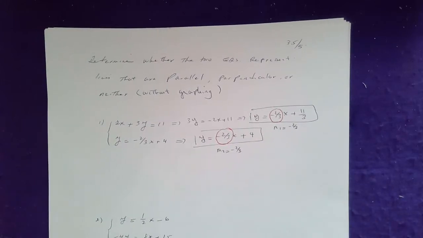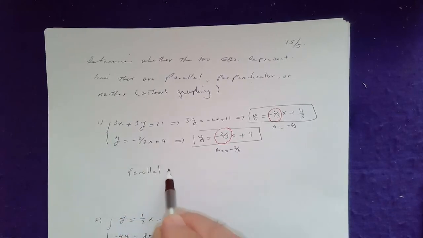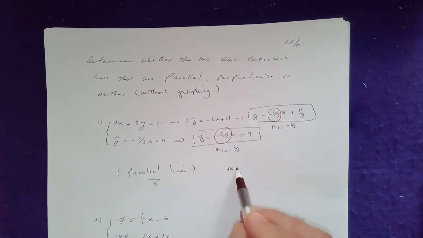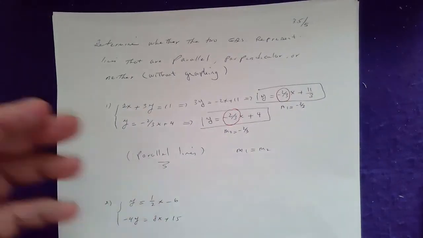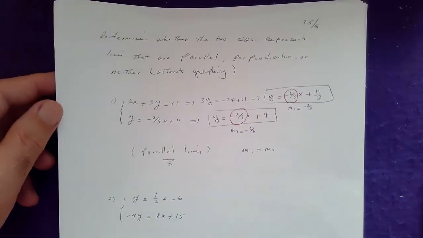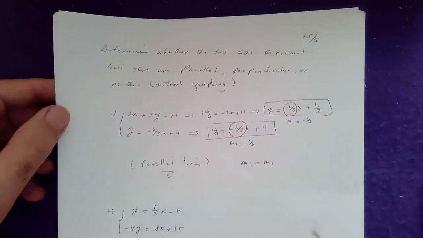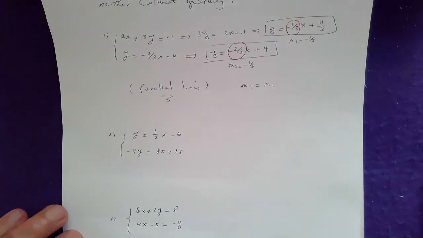When do we say the 2 lines have the identical slopes? When they are parallel. So the answer here is you have parallel lines. Why? Because the slope of the first line is identical to the slope of the second. Notice I didn't even draw the picture. I could just tell by the slope if the lines are parallel, perpendicular, or they cross each other, not necessarily in a 90 degrees angle.